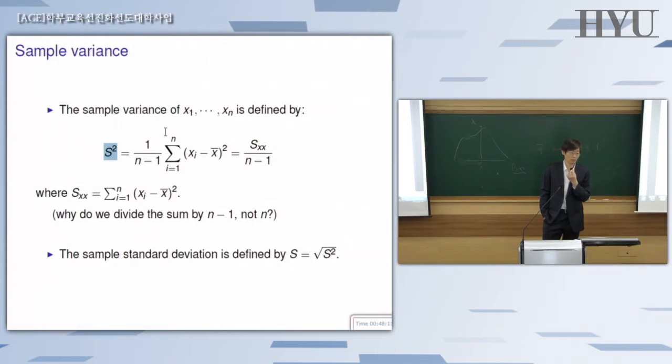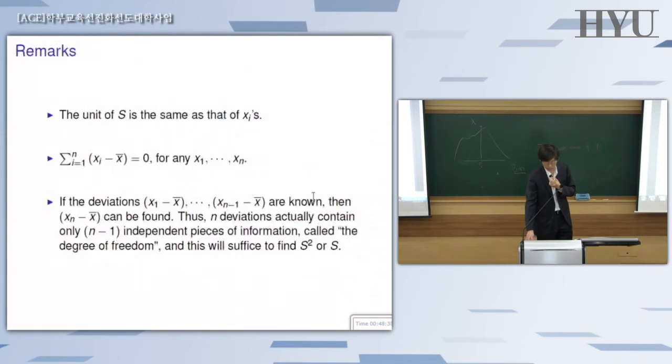X is measured in miles. The unit of s squared is mile squared. Then what's the unit of s? Take the square root of it. Mile. Same. So first the square term makes the unit become unit squared, but then you take the square root of it, so you bring it back down to the original unit, which is mile in this case. So that's why those two things are the same.